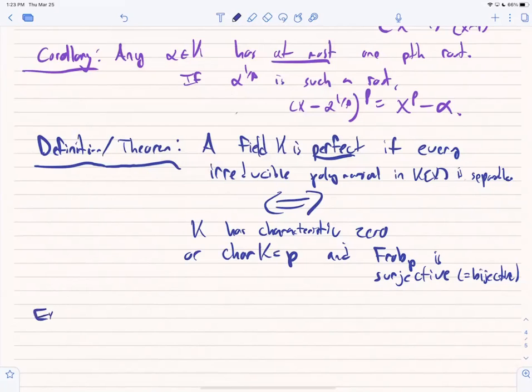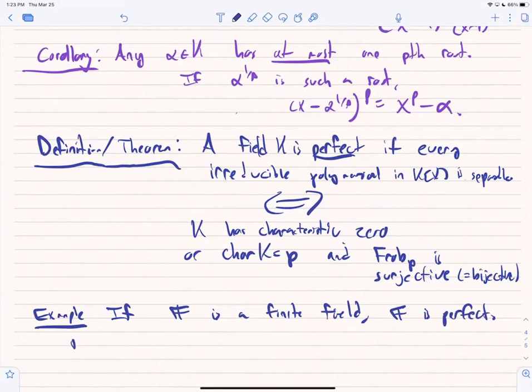So for example, if F is a finite field, F is perfect. So the proof: just an injective map of finite sets is surjective.